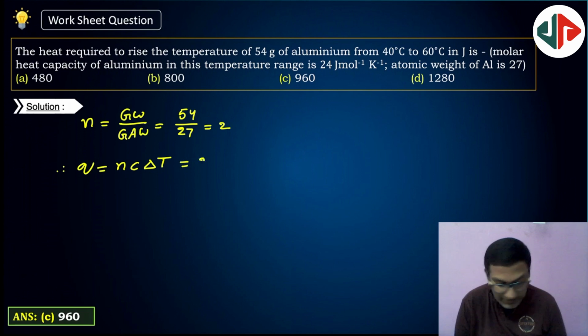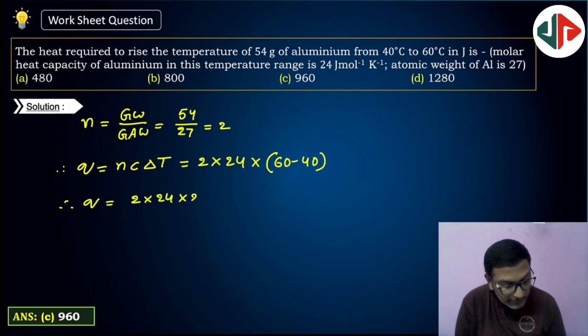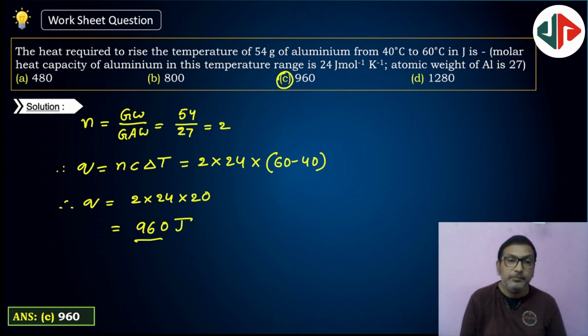So N is 2, heat capacity is given as 24, into the temperature difference 60 minus 40. Therefore, Q equals 2 into 24 into 20, which is 960 joules. 960 is the answer. Option C. Number of moles into heat capacity into rise of temperature.